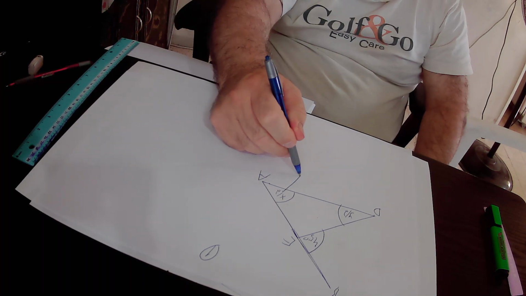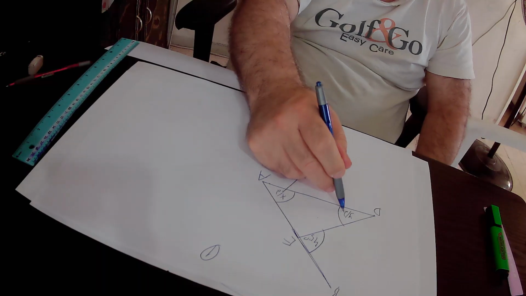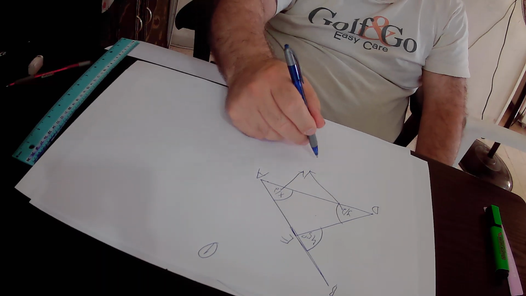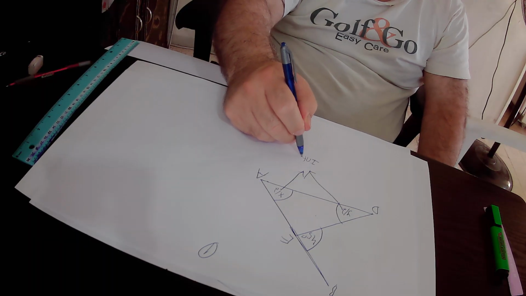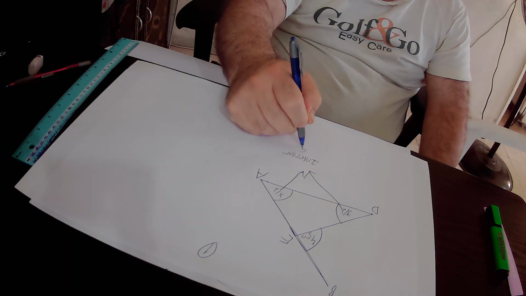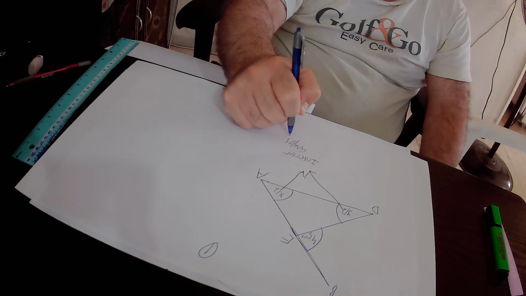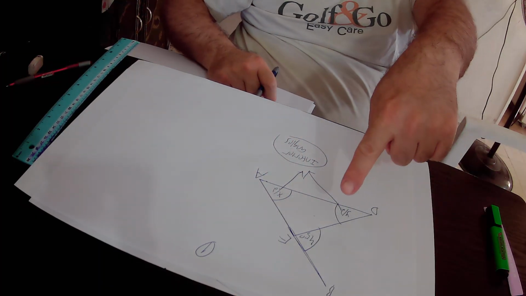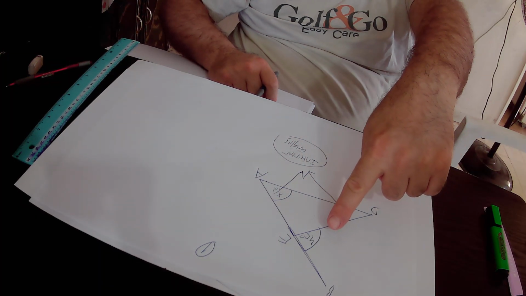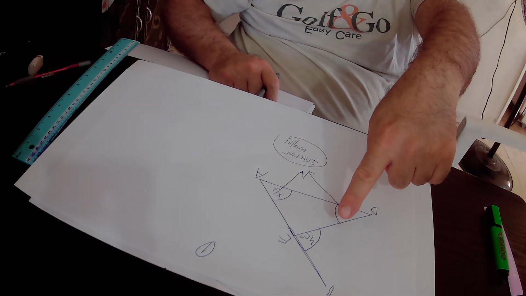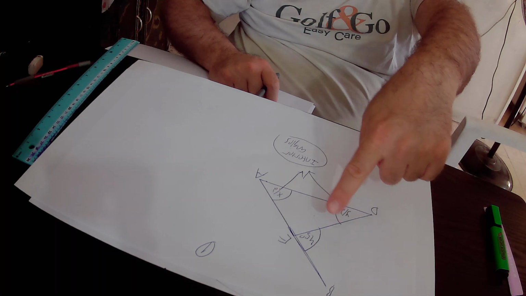So both those two angles are defined as the interior angles of this triangle AED. While this angle BED is located outside triangle AED, and therefore it is defined as the exterior angle of this triangle AED.